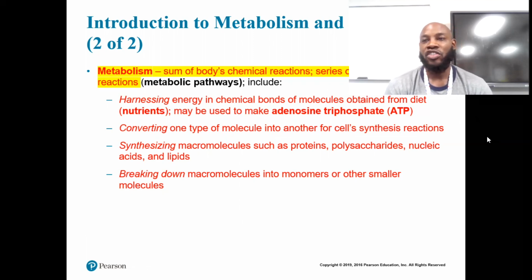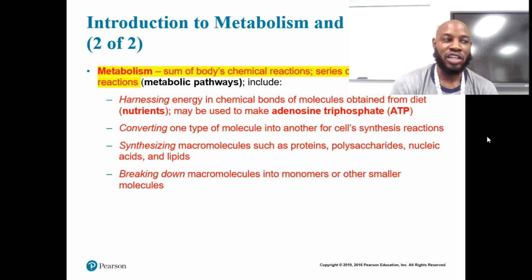Things are being formed, energy is being used, parts of your body are being broken down, energy is being transported. You have constant reactions. Enzymes help speed up reactions. There are all types of chemical reactions happening. And the sum of all those reactions is metabolism.